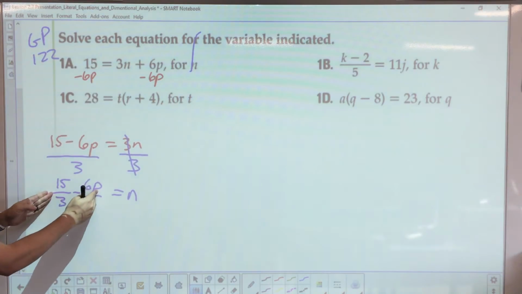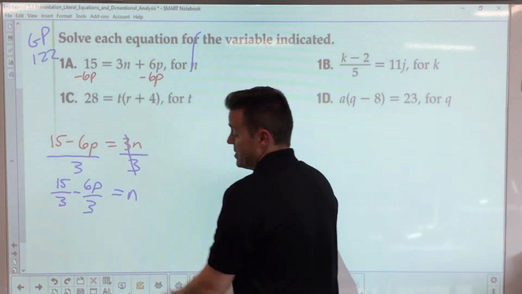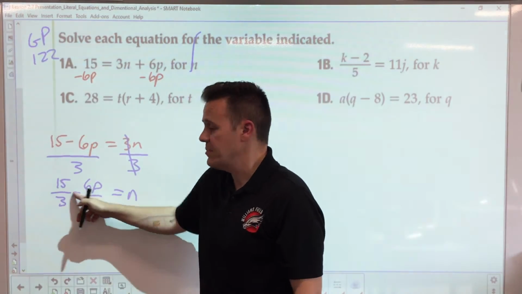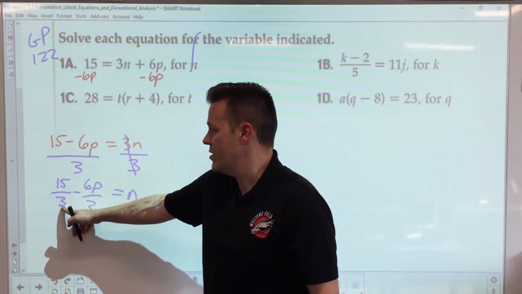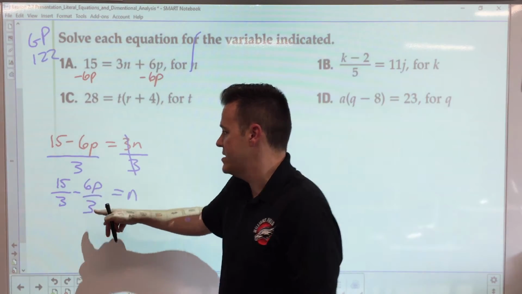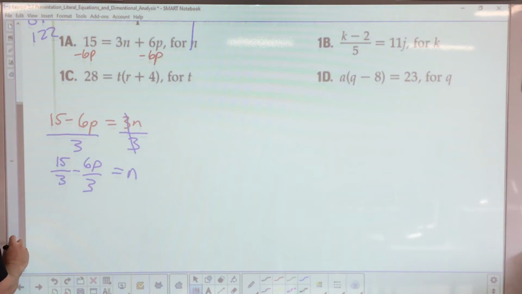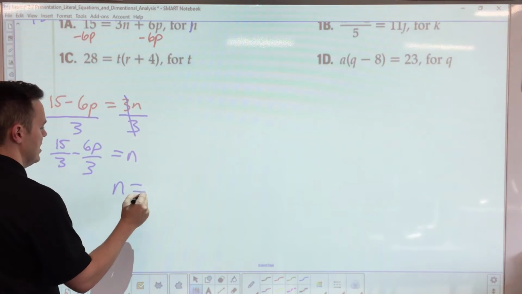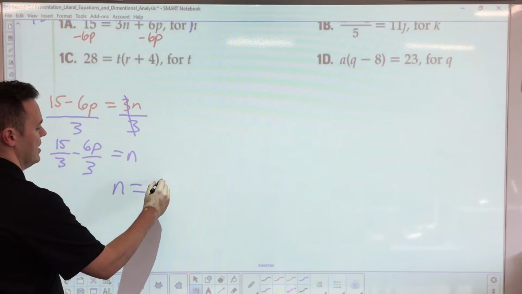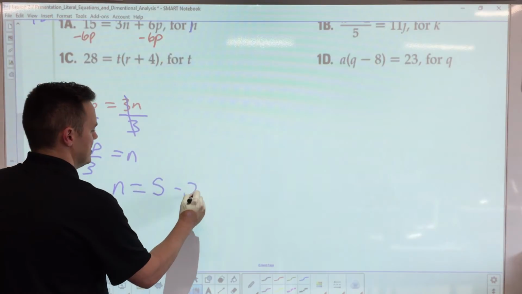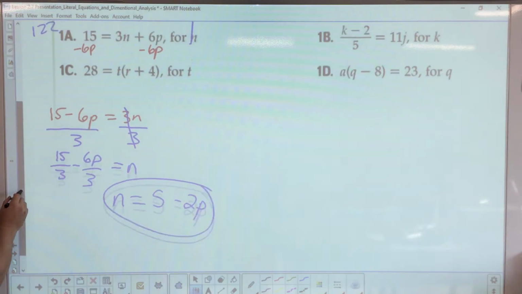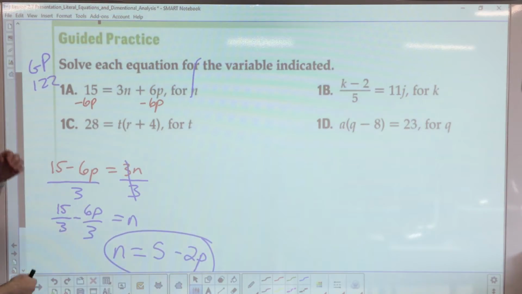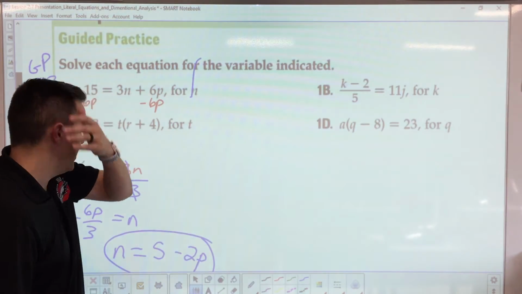What you're doing is you're splitting up the subtraction sign. So can you simplify this? Yes, you can. So the end result would be 15 divided by 3, which is 5, minus 6p over 3, which is 2p. So your answer is n equals. Now I'm going to switch it around just because that's how I like to look at it. It doesn't matter how you write it, but there it is, okay? All right, always make sure sometimes that you can finish it off, and you go from there.